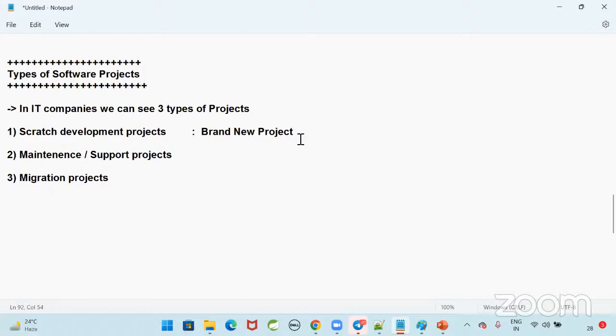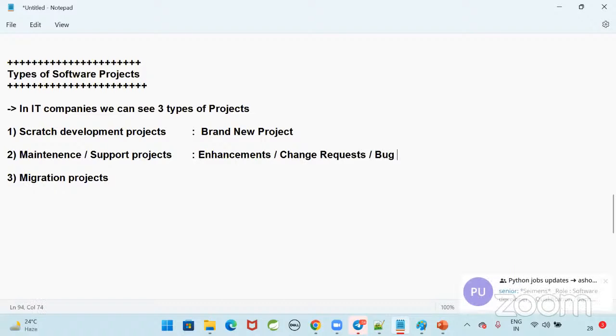Now, maintenance projects mean the project's development is already completed, and we are doing some enhancements, change requests, or bug fixing.